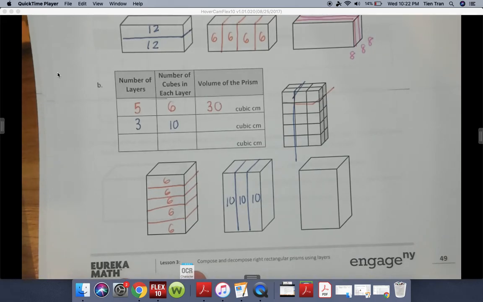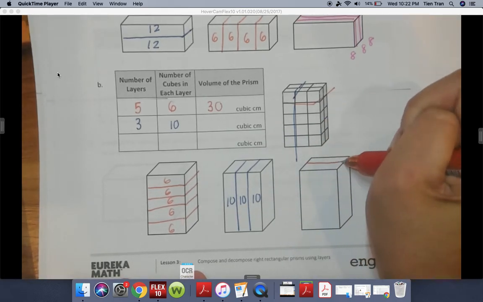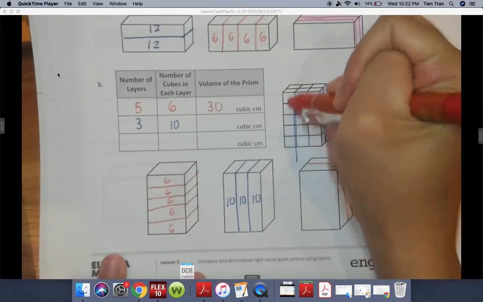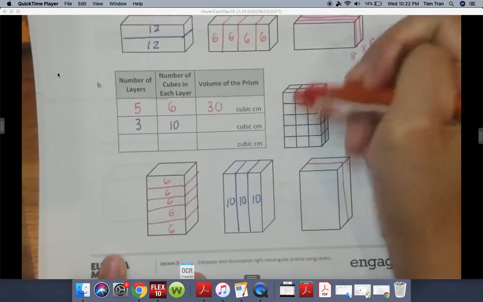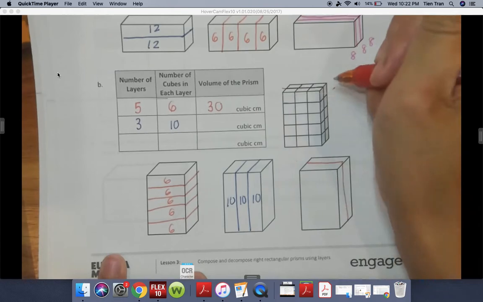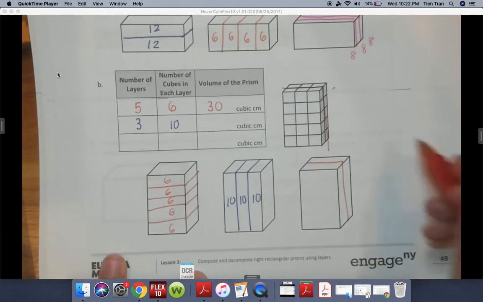Now the last one. I'm going to cut it this way. And if I were to cut it in that direction, it would look something along the lines like this. Okay?